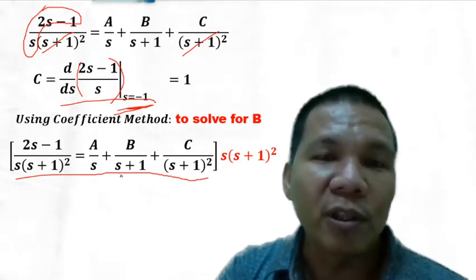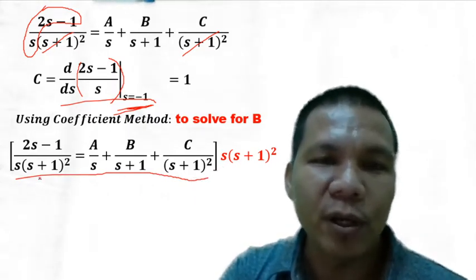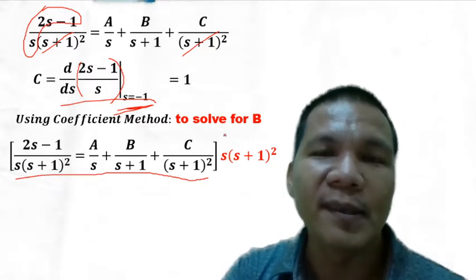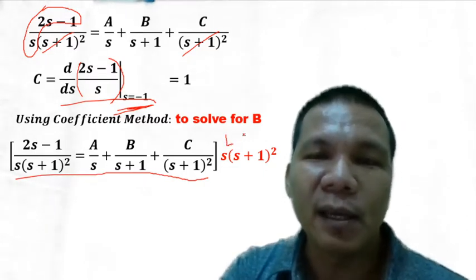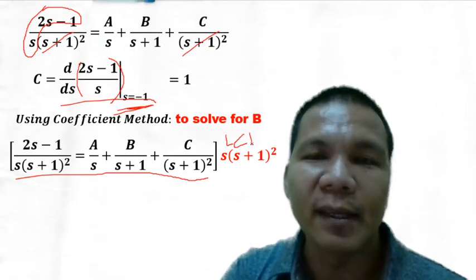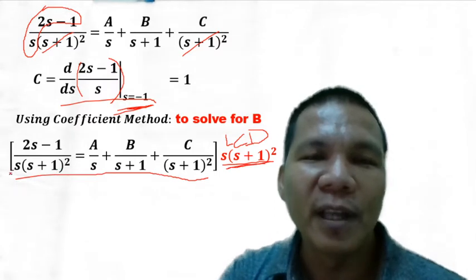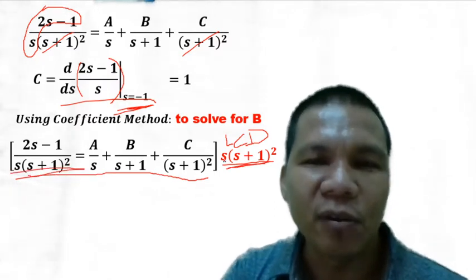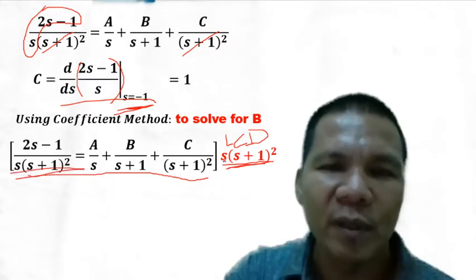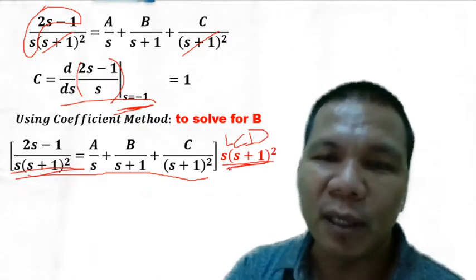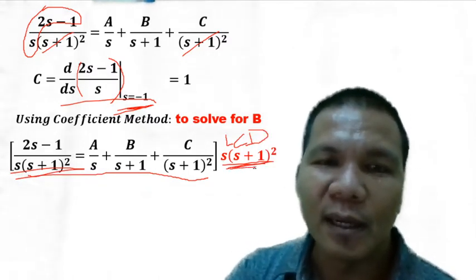We are going to multiply the whole of this equation by its LCD. Do you know what LCD is? LCD is the least common denominator. LCD is actually your denominator here.